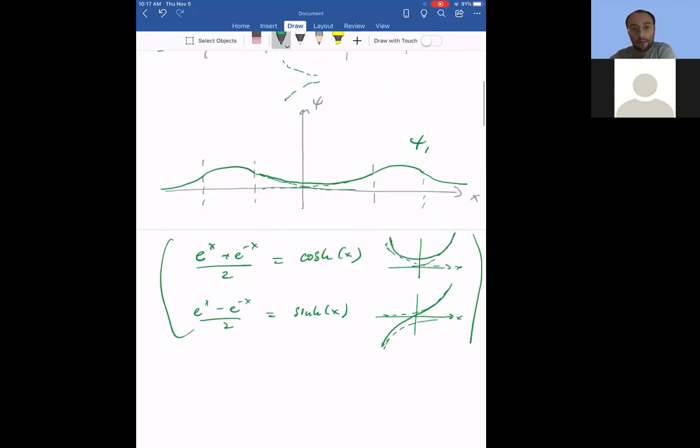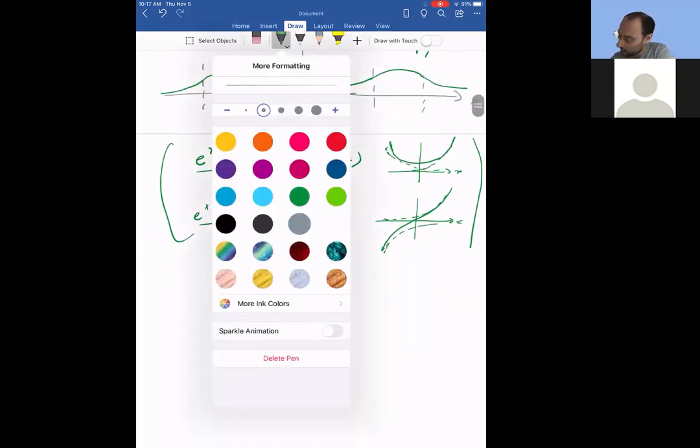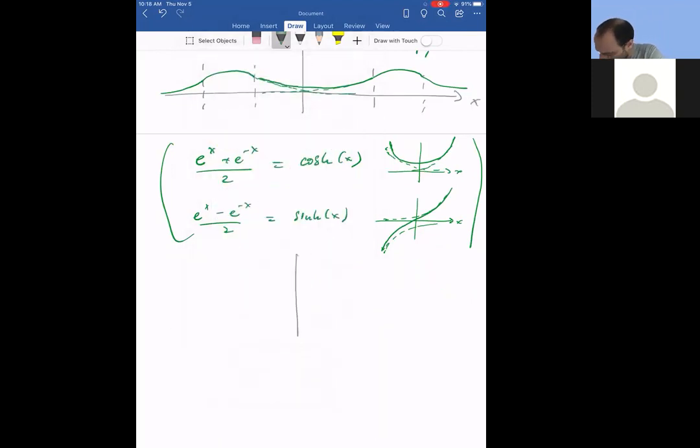So what's another possibility? Well, the other possibility is to have the following situation inside the wells. So again, now this is the wave function, and this is the x-axis. Here are the wells.